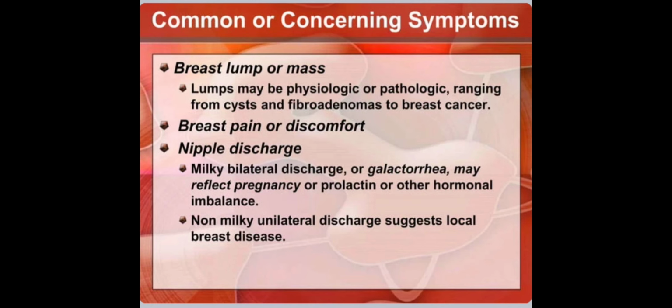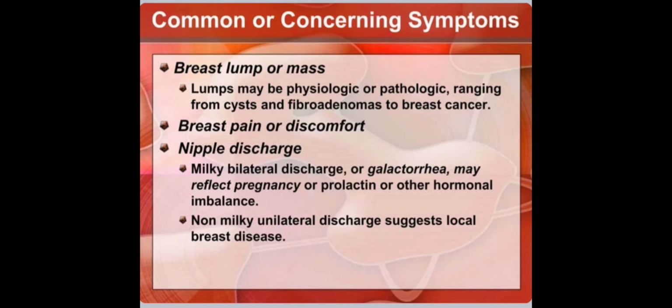And also, nipple discharge. Commonly, if you're not lactating, meaning you're not breastfeeding a baby, there should be no discharge. Milky bilateral discharge or galactorrhea may reflect pregnancy. But if the woman is not pregnant, this may reflect another hormonal imbalance, or an imbalance in her prolactin.